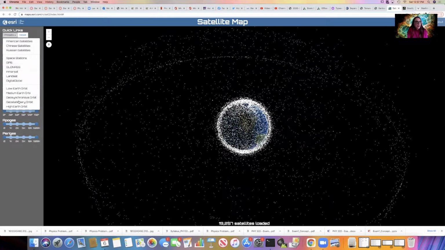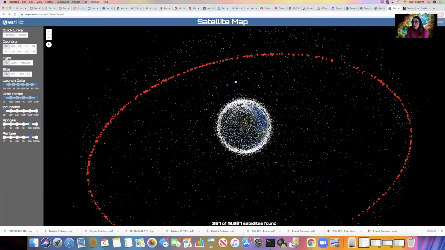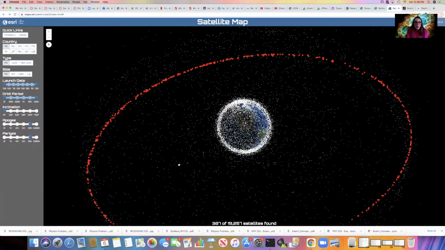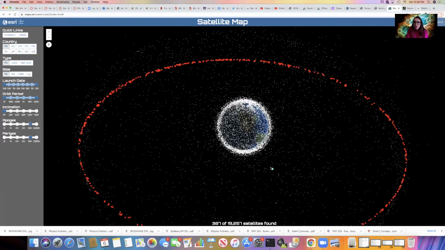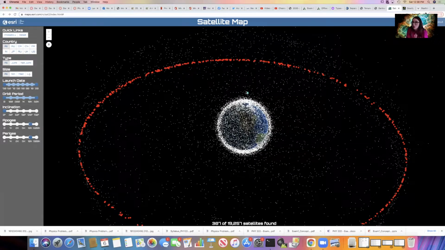Now let's take a look at geostationary orbits. Satellites with geostationary orbits are located at about the same distance away from the Earth as those with geosynchronous orbits, but in particular, to be a geostationary satellite, you are orbiting around the Earth at the Earth's equator.